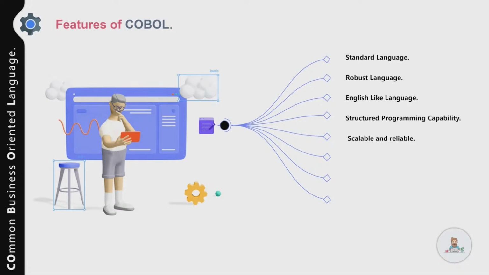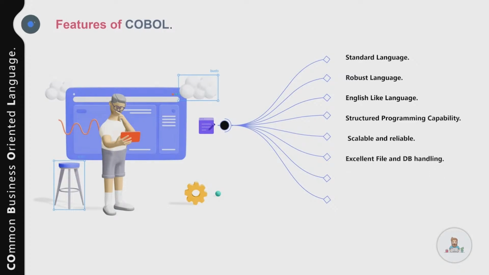And these paragraphs or sections can be executed or re-executed as per your requirement. So in a nutshell, you are writing a COBOL program by using a top-down approach, and it is more readable and you can easily understand the business functionality or the business logic behind that particular program.